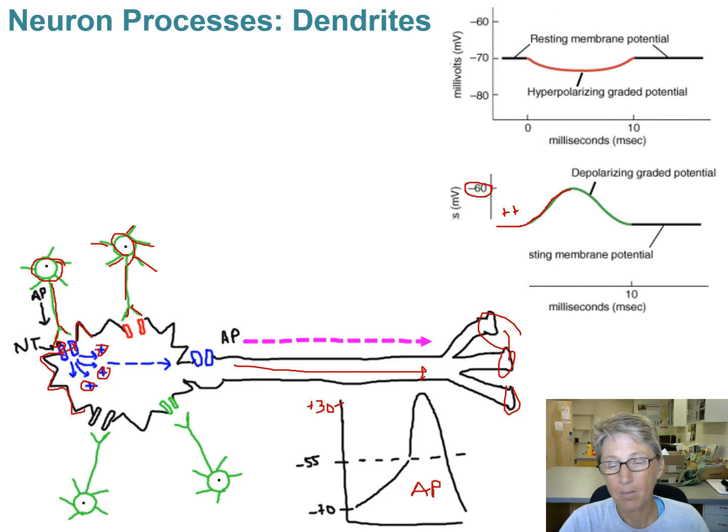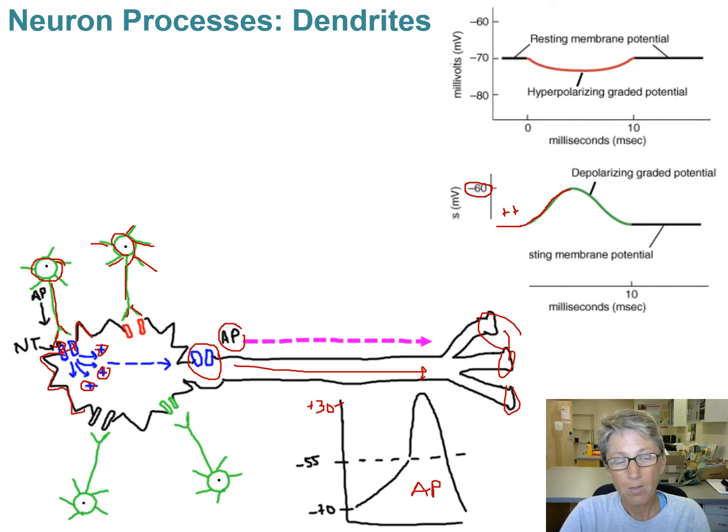Just remember that action potentials can only happen in the axon because that's where the voltage gated sodium and potassium channels are. The graded potentials, also called local potentials, can only happen in the dendrites and cell body. That's where graded potentials occur.